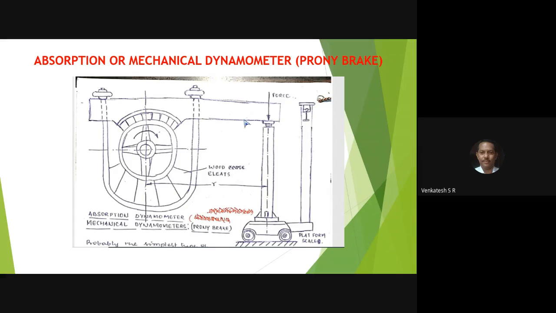That is T equal to force F times distance R. So that will give you the torque. This is the principle of operation of the Prony brake. This is also called the mechanical dynamometer.